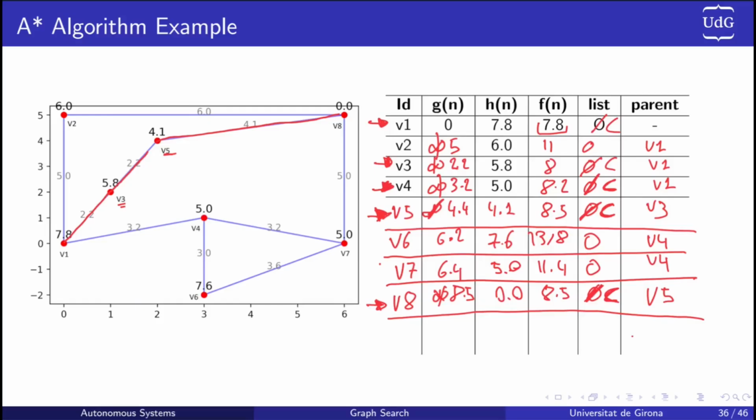It's true that in the greedy and in the A-star, we use this open and closed list, while in Dijkstra, we only use the queue, but in the end, you can implement it exactly the same way, okay? When we remove something from the queue in Dijkstra, it's like putting it in the closed list.